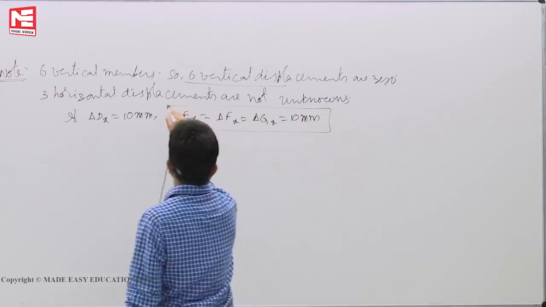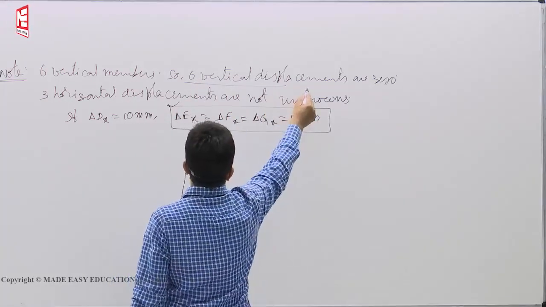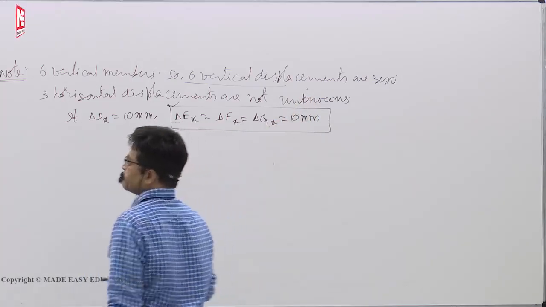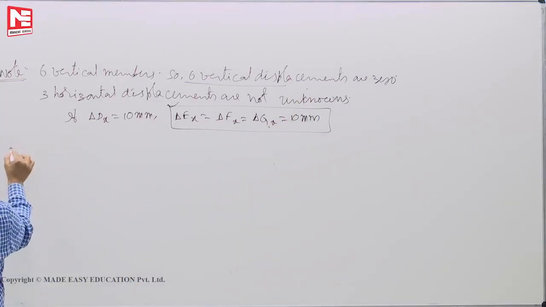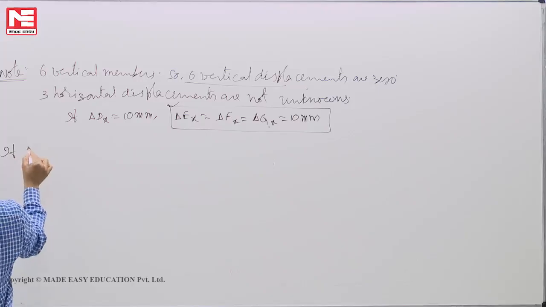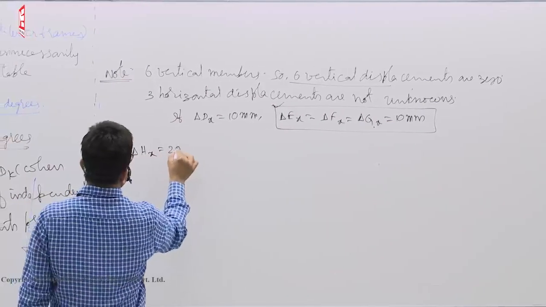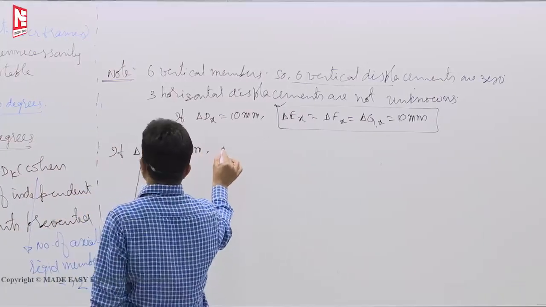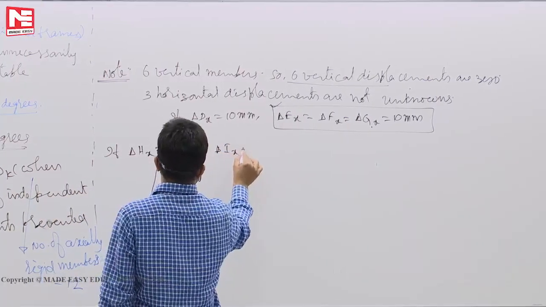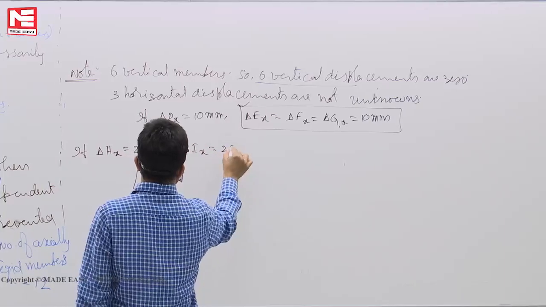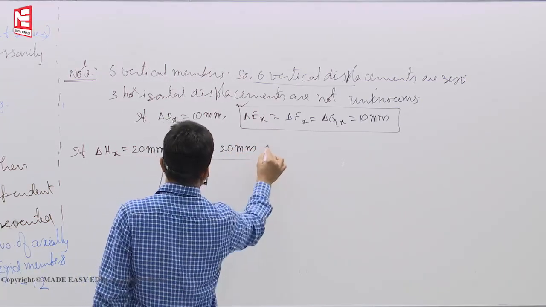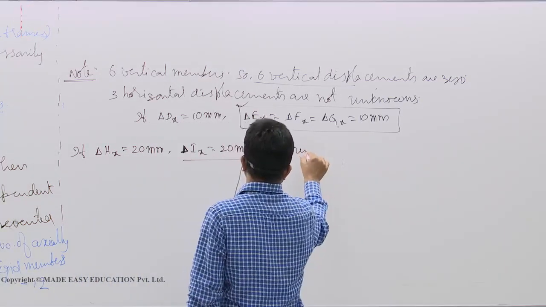So 3 are gone here. 6 vertical displacements are 0. 6 plus 3, 9. Next, if delta hx is equal to say 20 mm, delta ix will be 20 mm only, not unknown.